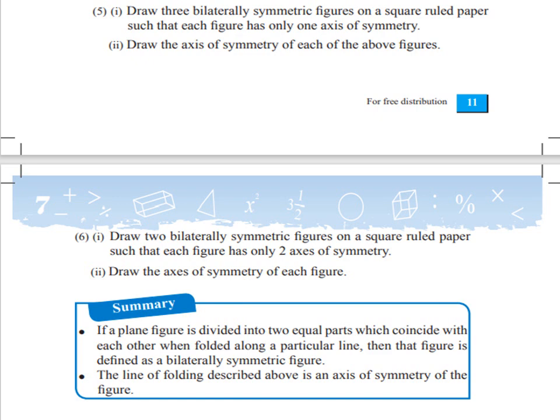So the second point, the line of folding described above is an axis of symmetry of the figure. That means, guys, the fold line is known as the axis of symmetry of the figure.